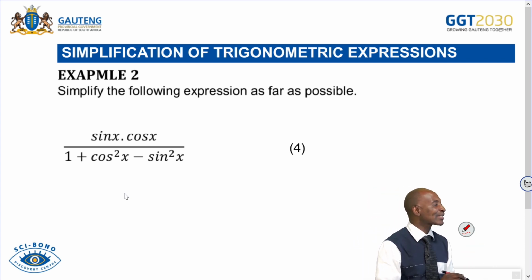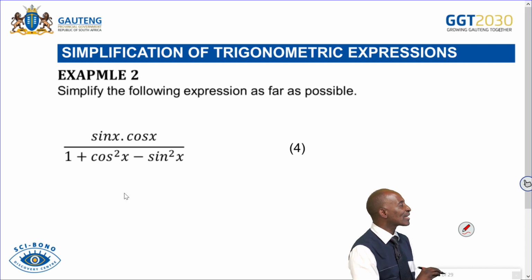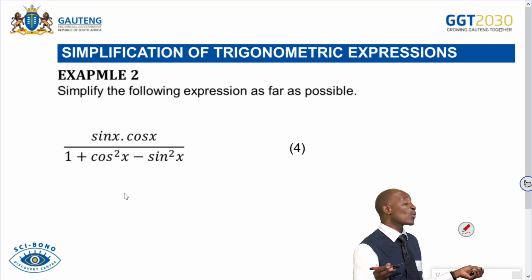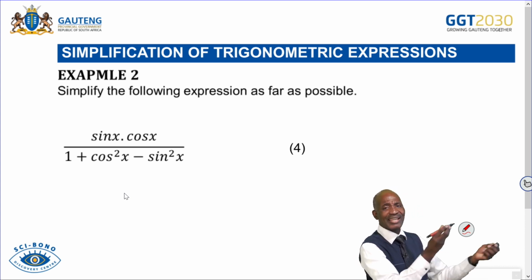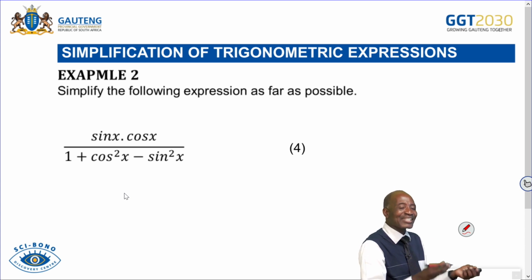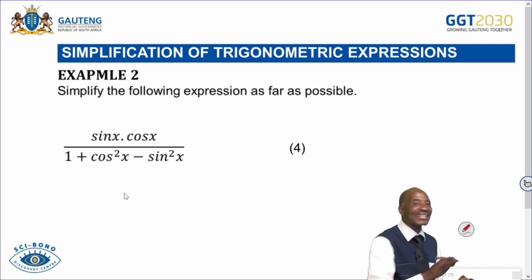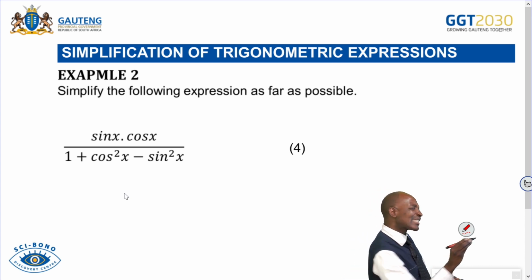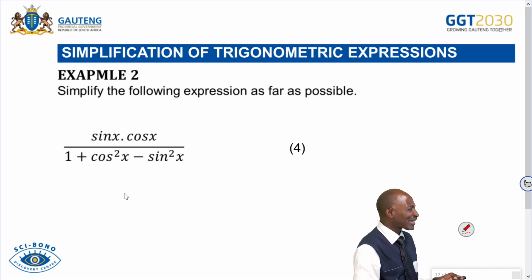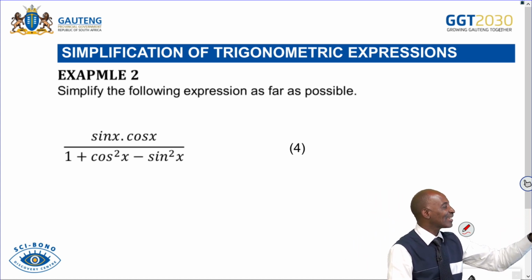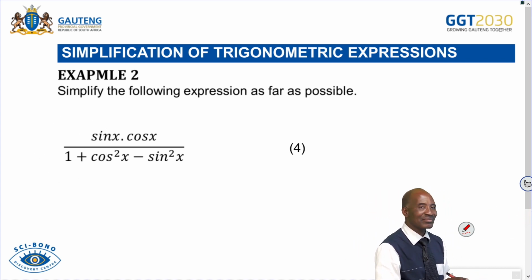So for 4 marks, you are expected to simplify sine x times cos x. For now, I don't see what to do there with that numerator, sine x times cos x. I would rather keep it like that and hunt for things that I know. I know the square identities. I already see some squares here, but unfortunately, if I hide this part, I don't see a plus.